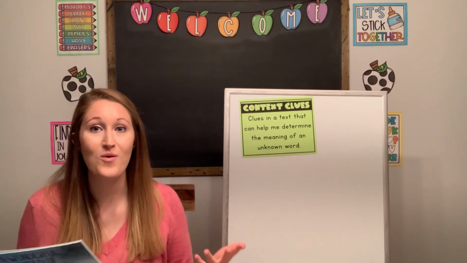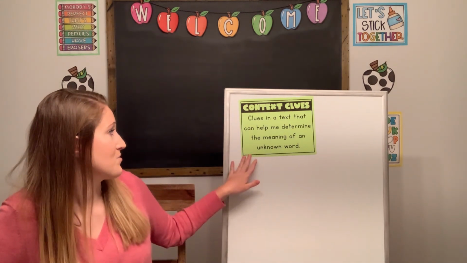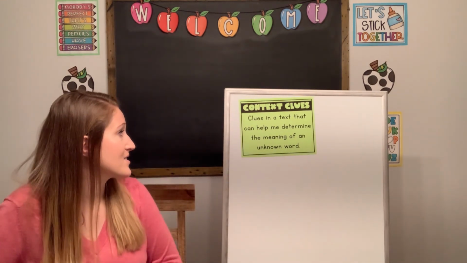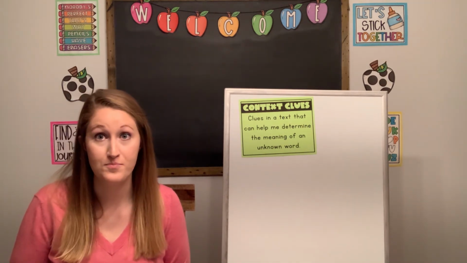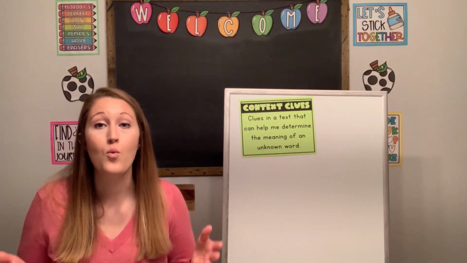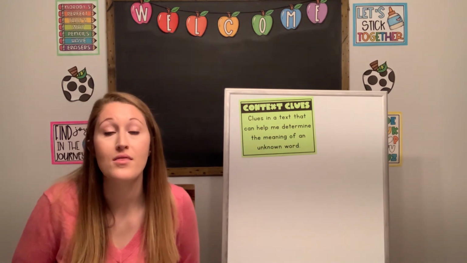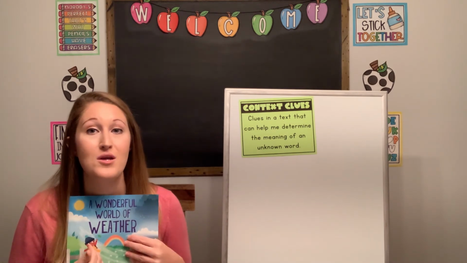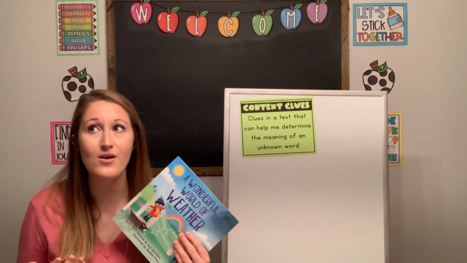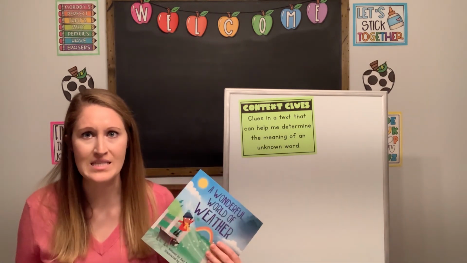Now today we talked all about context clues, which are the clues in a text that can help me to determine the meaning of an unknown word. So we can use the sentences in a book, right, that surround an unknown word to help us figure out what that word means.